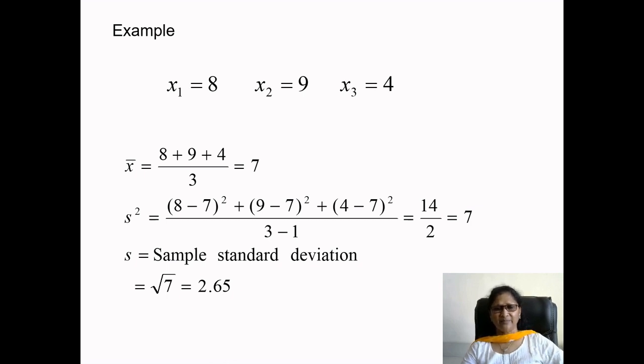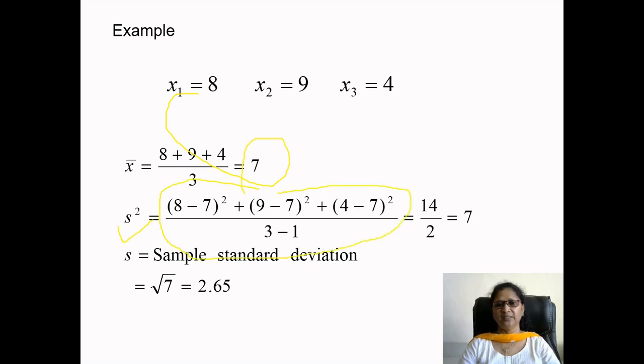Look at this very simple example. We have three values, x1 is 8, x2 is 9 and x3 is 4. The mean of these three values is 8 plus 9 plus 4 divided by 3, that is 7. Then we compute the variance by subtracting the mean from each value, squaring it, adding up all the values and then dividing by 3 minus 1.